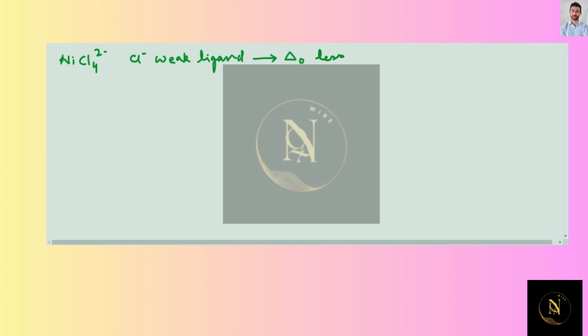The atomic number of nickel is 28. Outer electronic configuration is, after Ar, 4s2 3d8.